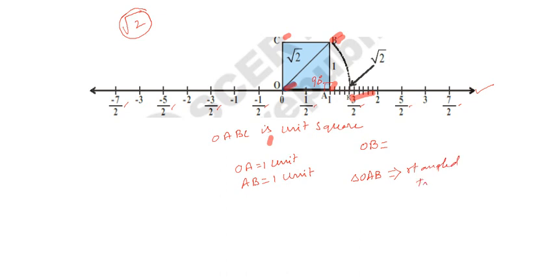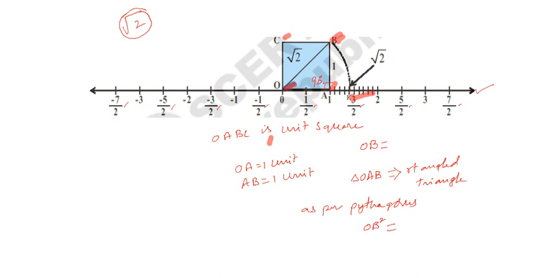In that right angle triangle, as per the Pythagoras theorem, the hypotenuse OB square is equal to the sum of the squares of the remaining 2 sides.